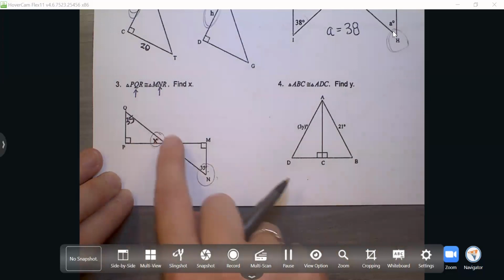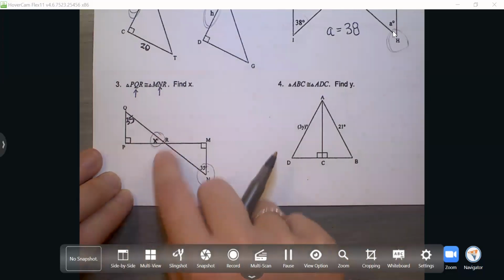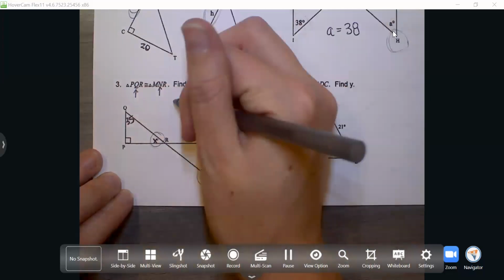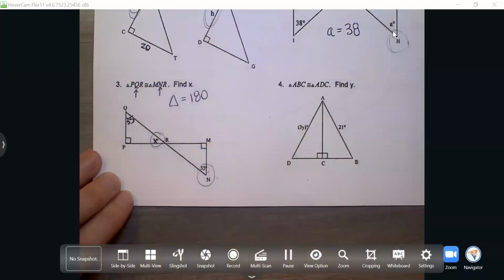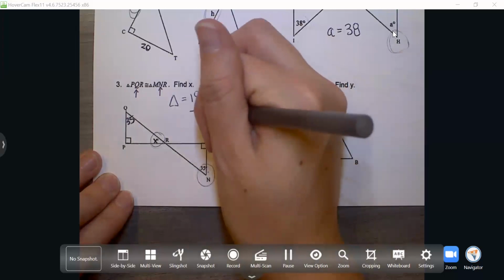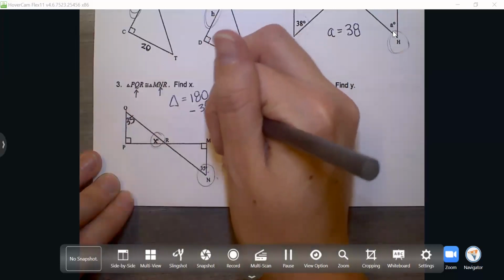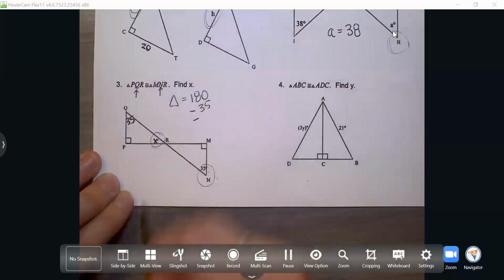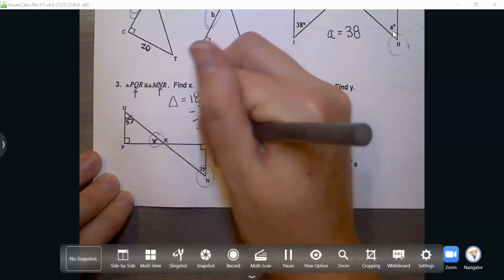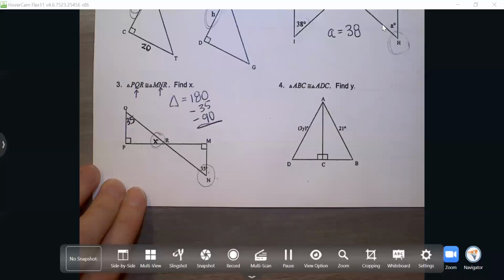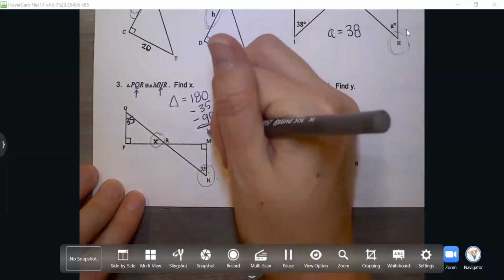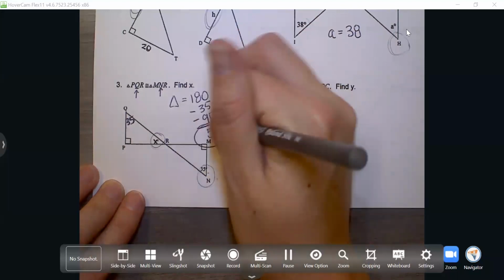And so if I want to solve for X, I'm going to actually use my triangle angle sum theorem. Remember, all my triangles add up to equal 180 degrees. So I'm going to take 180 minus 35 minus this right angle 90, and that's going to give me my final answer, which is 55.